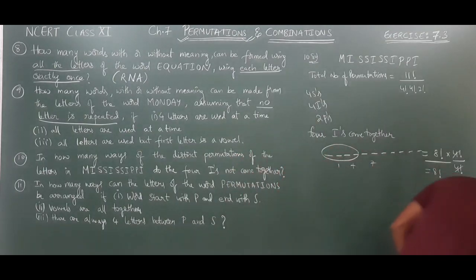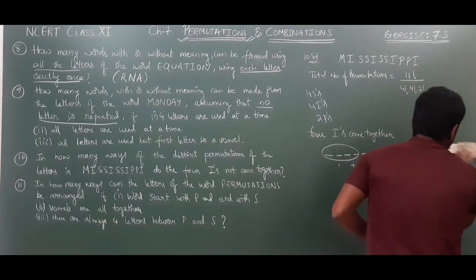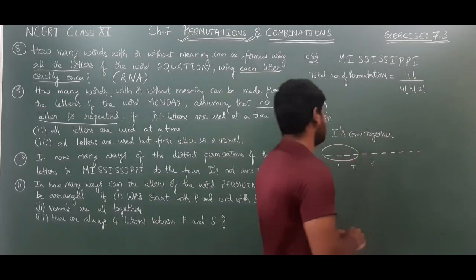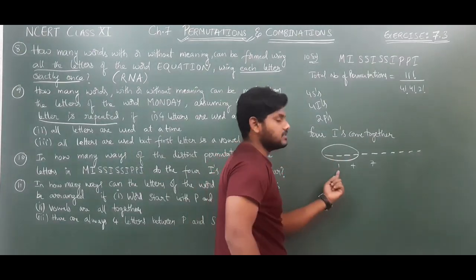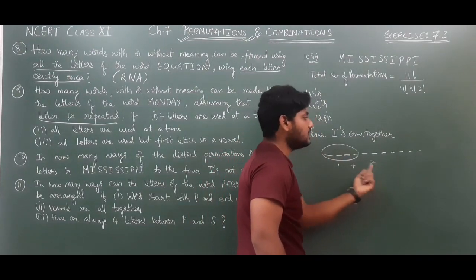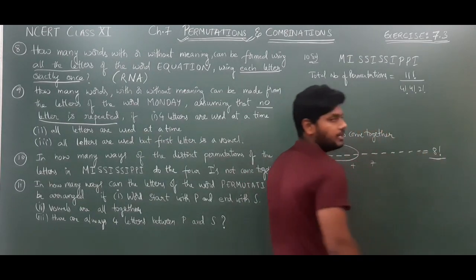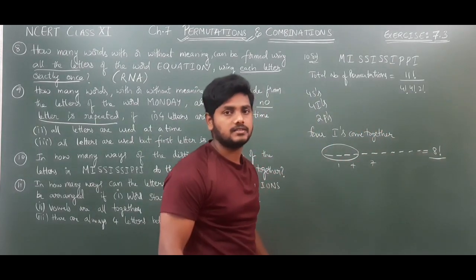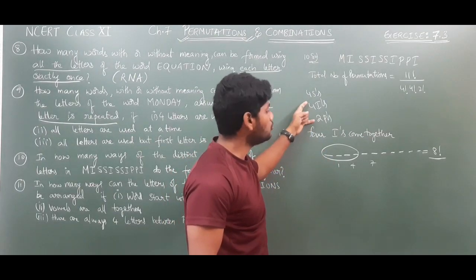Sorry, listen again. Four I's come together means those 4 places we consider as 1, plus the remaining 7. So it will be 8 factorial divided by... is there any repeated letters? Yes, 4 S's are there, 2 P's are there.